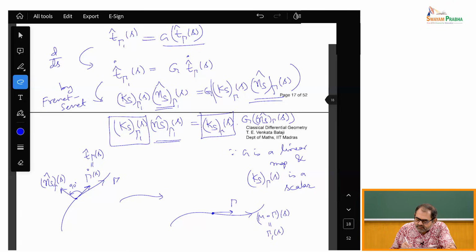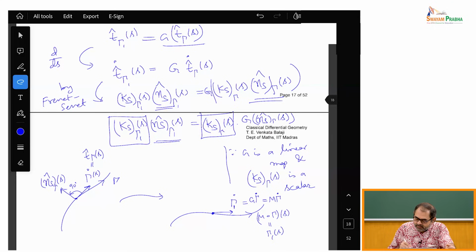So I should say the following thing. So I have gamma dot, and this gamma 1 dot is actually G gamma, and this is also M gamma, okay. So let me write that correctly: gamma 1 dot is G gamma dot, is also equal to M gamma dot.